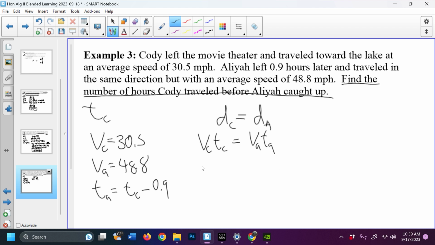I'll plug in what I know. I know that Cody traveled at 30.5 miles per hour, and we're trying to find that time. And Aaliyah traveled 48.8 times the time Cody traveled minus 0.9.